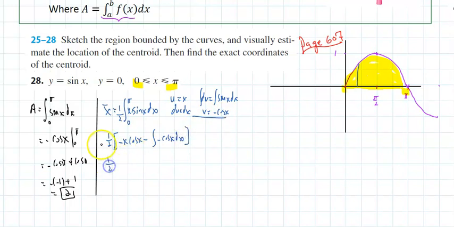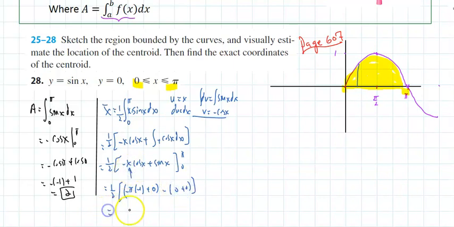That is 1/2 negative x cosine of x plus the sine of x evaluated from 0 to pi. That is 1/2 negative pi, cosine of pi is negative 1, plus sine of pi is 0, minus, if you put a 0 there, that's a 0, and sine of 0 is 0. So basically, I'm getting a positive pi over 2.